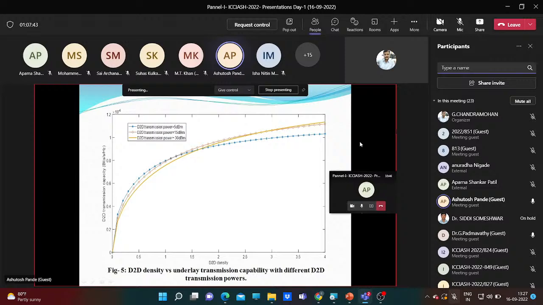It has been found that initially as D to D density increases with fixed value of D to D transmission power, underlay transmission capacity also increases. It can also be seen that at higher value of device to device density, D to D transmission power with greater value gives better underlay transmission capability.